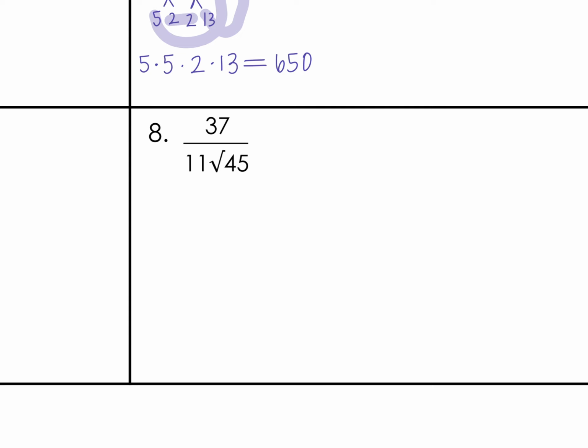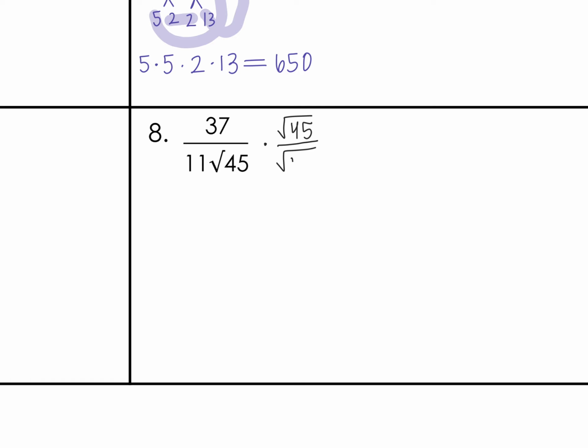All right, so for number 8, we are going to start off by, once again, you can simplify the radical in the denominator since it does simplify. But for those of you that want to skip over that step and go straight into rationalizing, you can. So I can multiply the square root of 45 to the numerator and to the denominator.